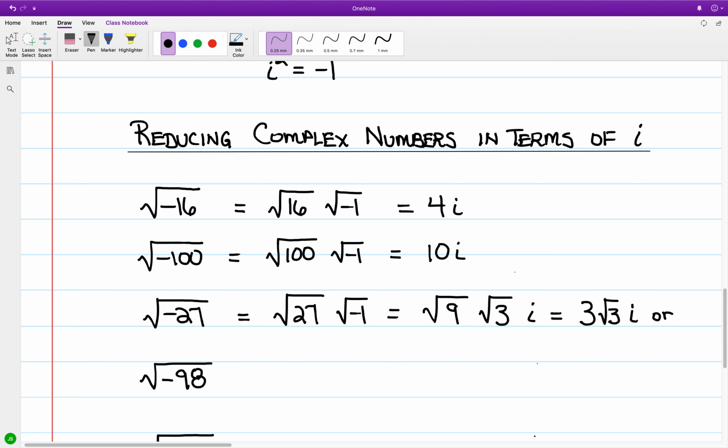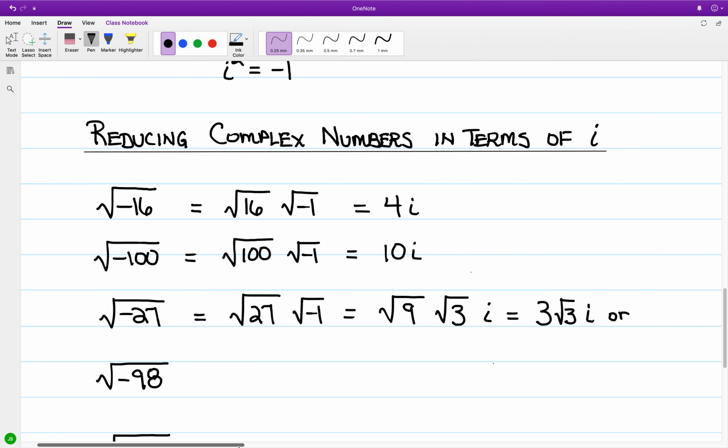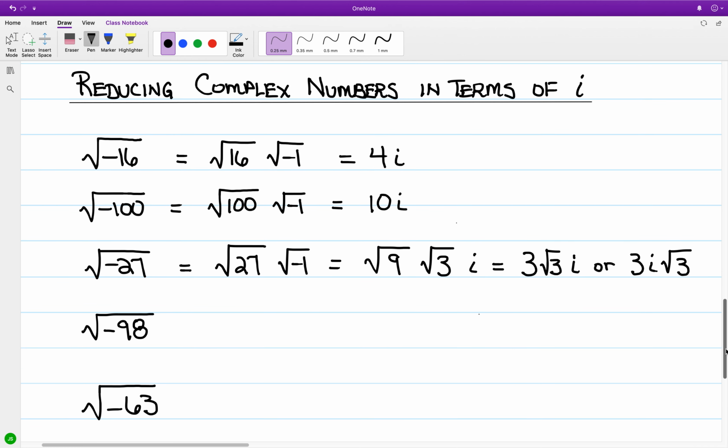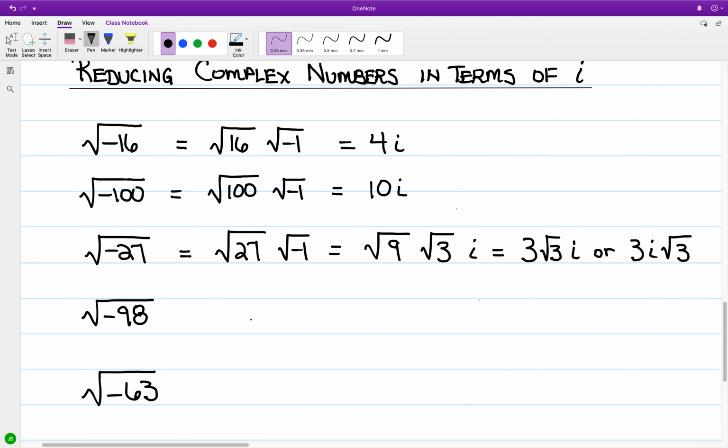Since i does not go inside the radical, and to safeguard i from seeming to appear to go underneath the radical, only the square root of 3, we can write this as 3i times the square root of 3. Now another number that, like 27, is the multiple of a perfect square, even though it is not a perfect square in its own right, is 98.